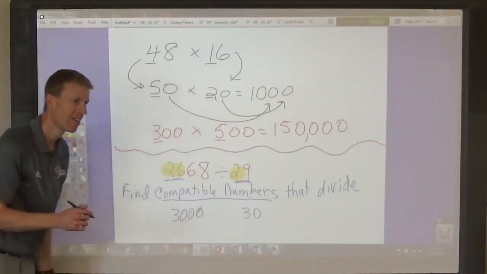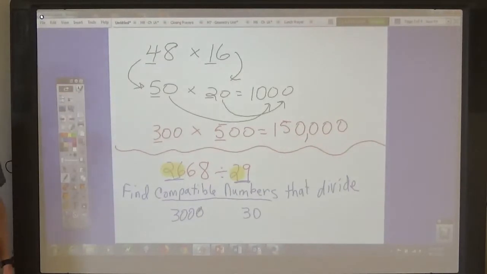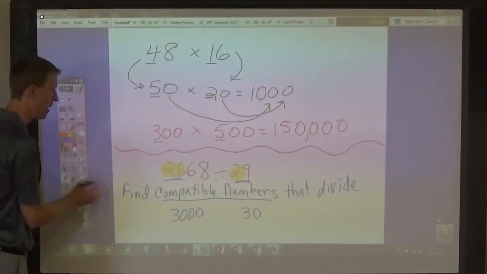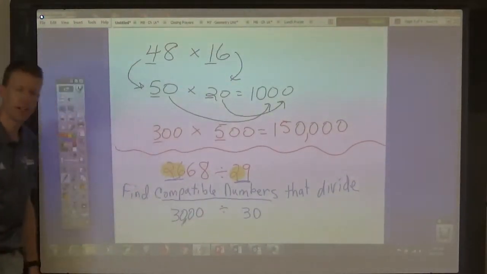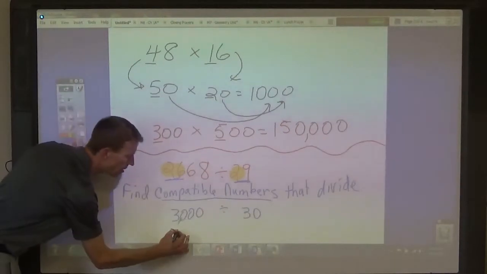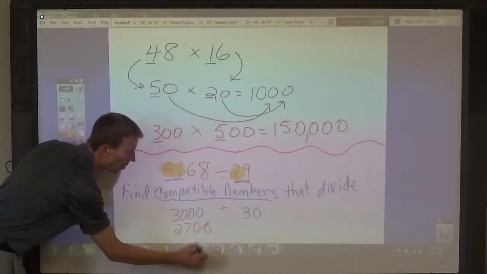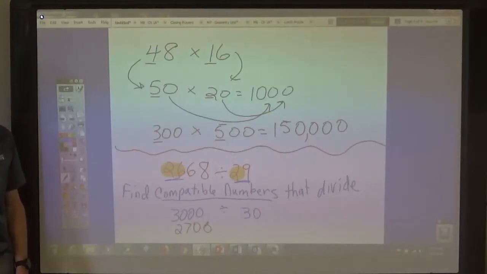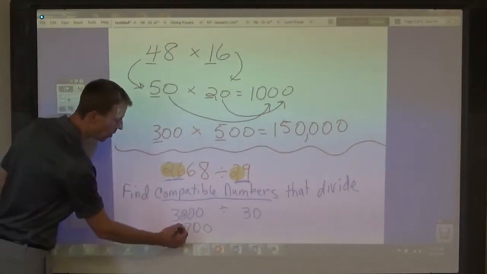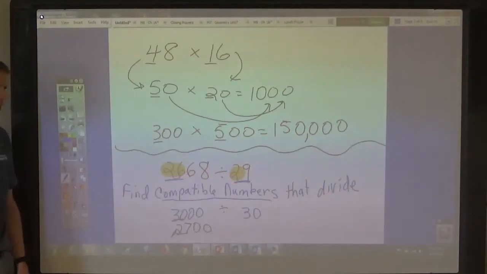Oh, never mind. Leo? Wait, what are we trying to do? Divide. So we're just trying to divide without a remainder. How about this? 2,700. Would that be divisible by 30? Does 27 divide by 30? Yeah, either one of these would give us a good estimate.